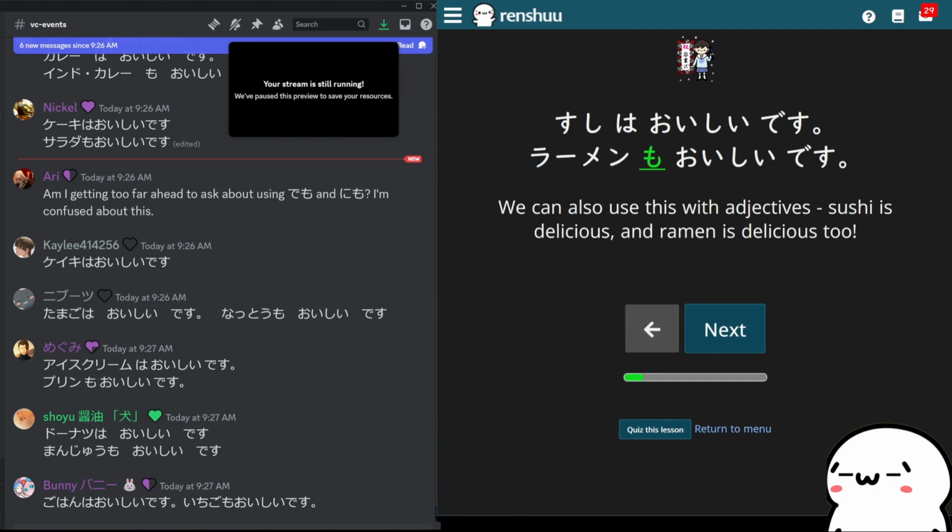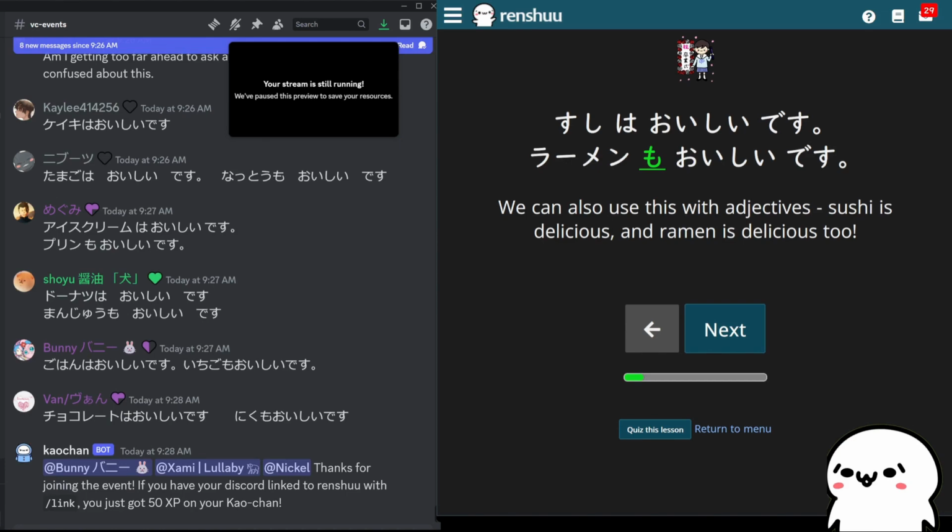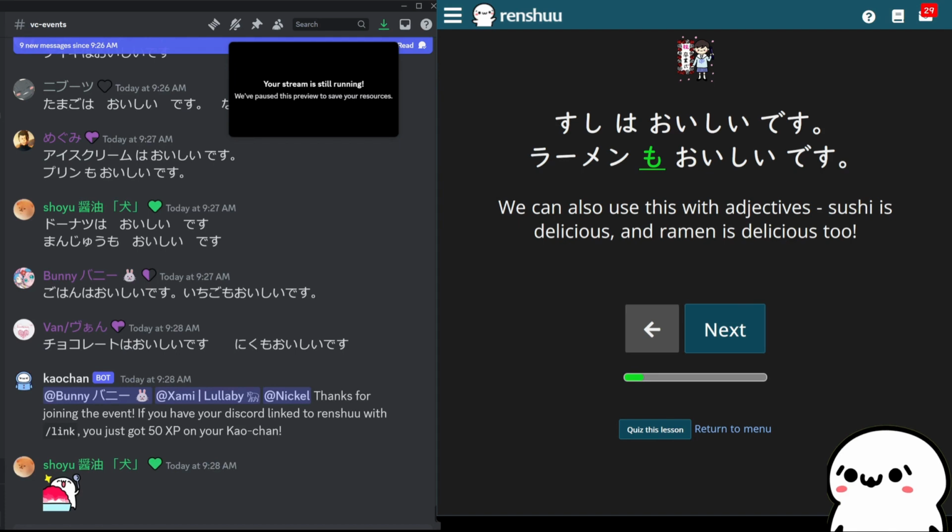So we have someone talking about eggs and natto. Megumi is talking about desserts, the most important part of the meal. They like ice cream and they either like pudding or they like one of the pudding adjacent Pokemon named Pudding. Shoyu's a fan apparently of both Western and Eastern snacks, donuts and manju.